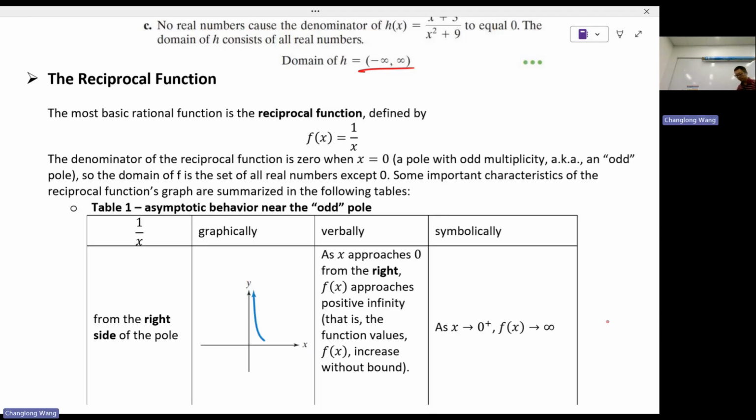And I believe that we looked into 2 special polynomial functions and used them to remind us what the end behavior of a polynomial function looks like. All right, so I think the first kind is positive or negative x squared, and the other one is plus or minus x cubed.